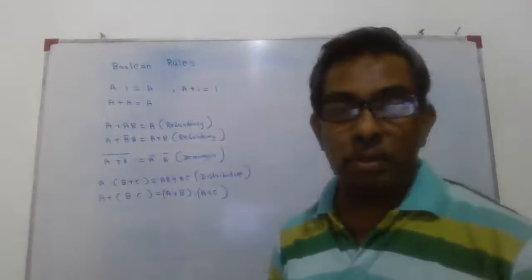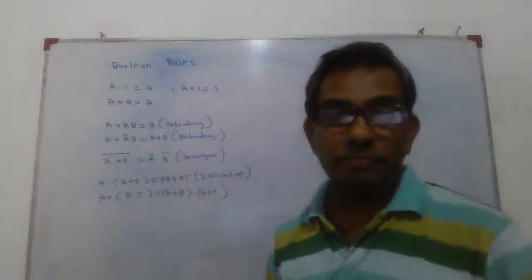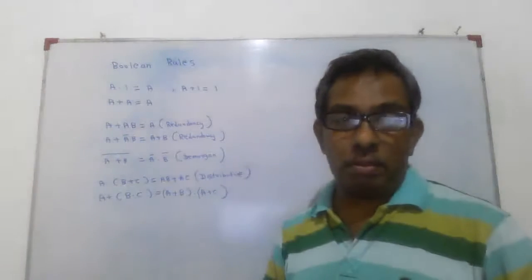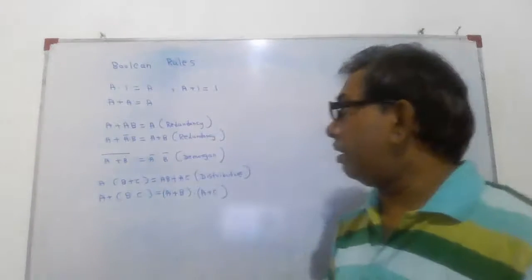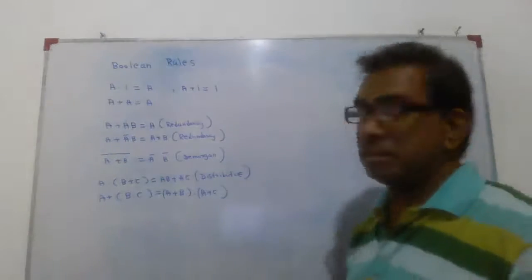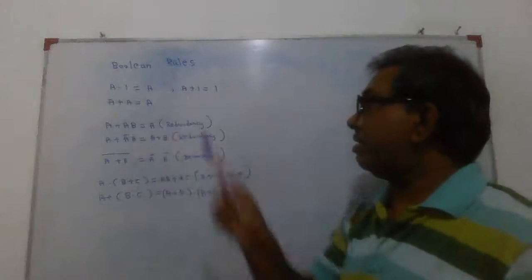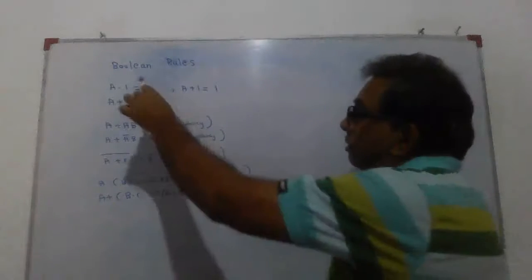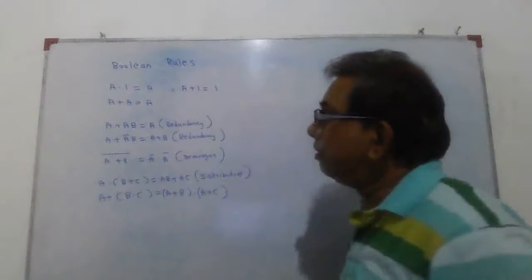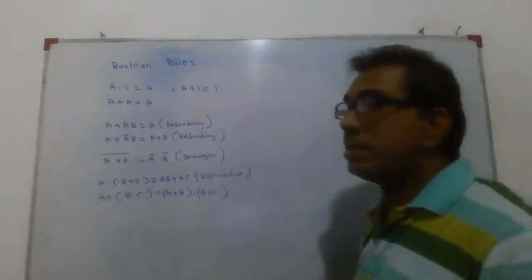Now we have around 12 or 15 laws, but most of the laws are not used for simplification. I have taken several laws. So A and 1 equal A. One useful law here, A or 1 equal 1.